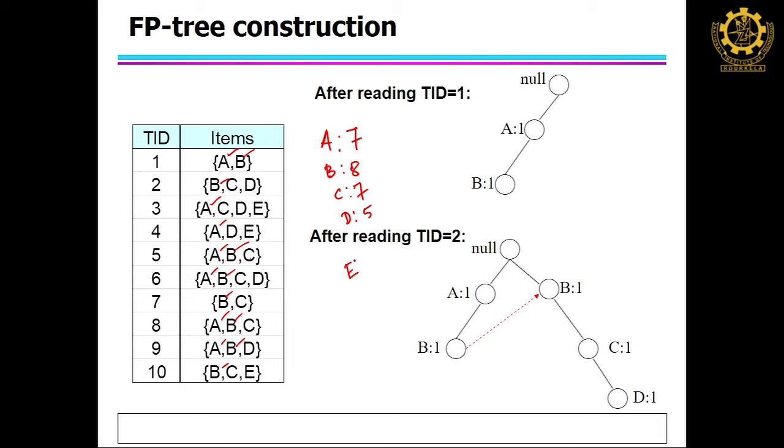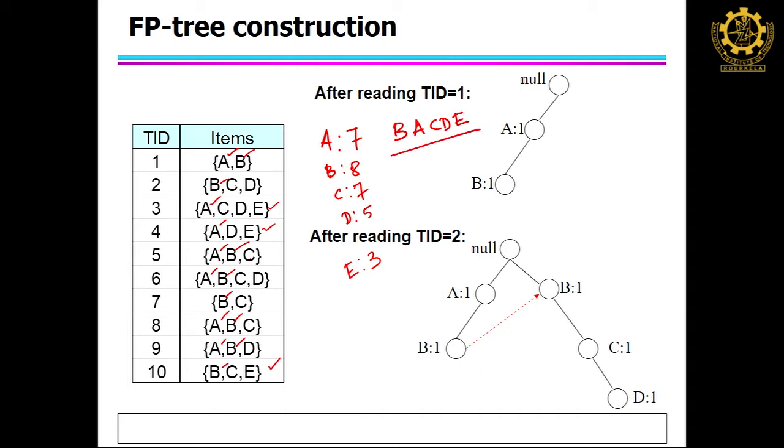Then E is 1, 2, 3. So, E is 3. Now, you sort these items. B will come first, then A or C, let us put A, C, and then D and E. So, this is the sorting order.